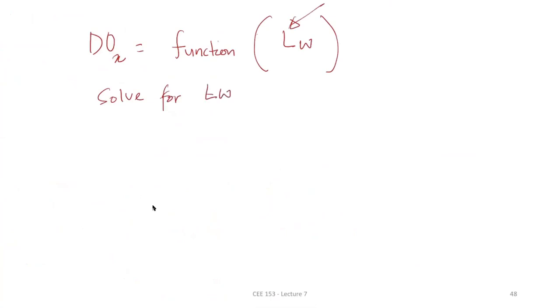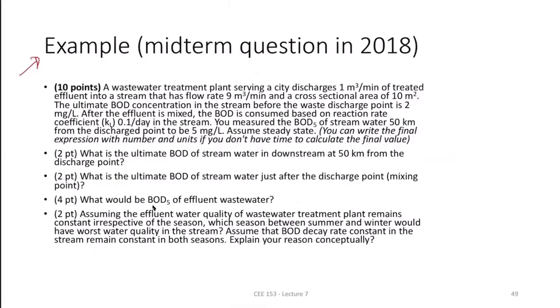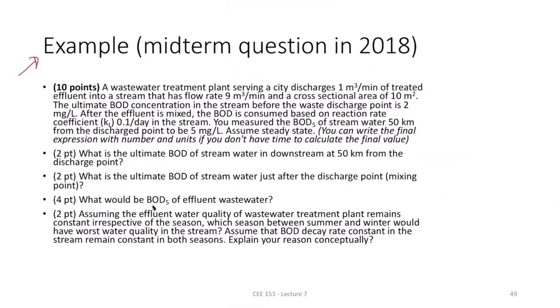Obviously, you also need DO sat, but this is constant at the temperature. So you have to calculate at 12 degrees Celsius what is the maximum saturation for DO. Okay, the only question I didn't solve is here, midterms. I think you should be able to solve it.